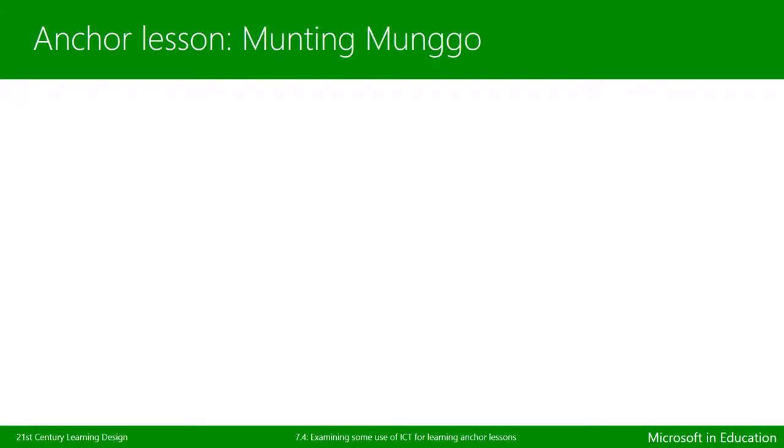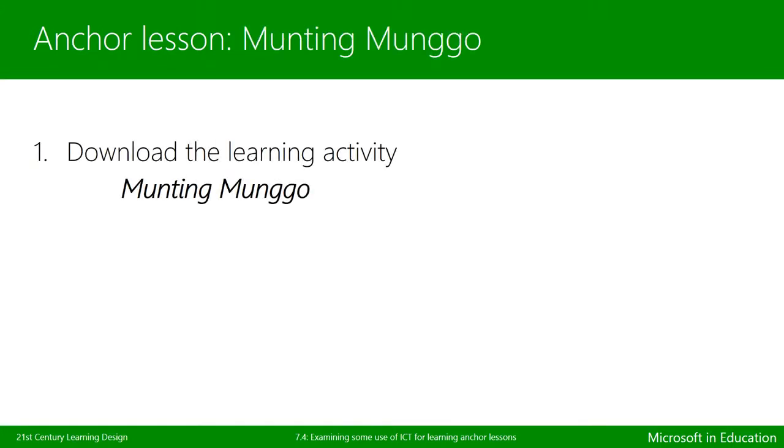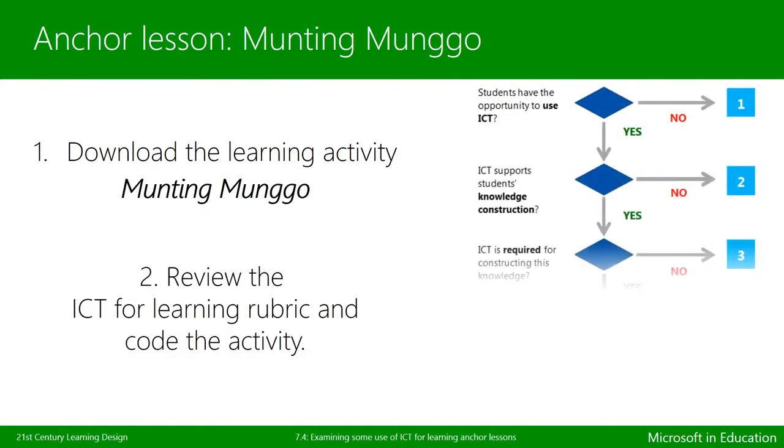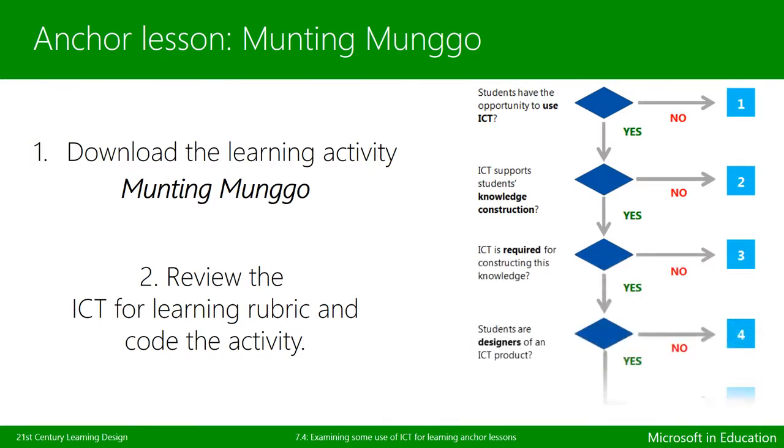To begin, please download the learning activity entitled Munting Munggo. When you have done this, carefully read it and make notes of your observations about what evidence there is that the students are engaged in ICT use for learning. Then, based on your observations, make a decision about the level of ICT use that you find in this learning activity.